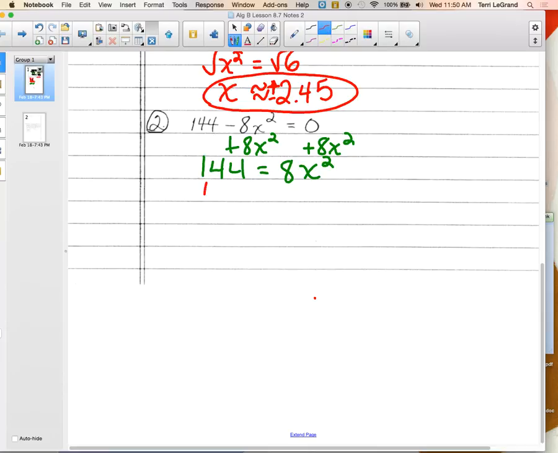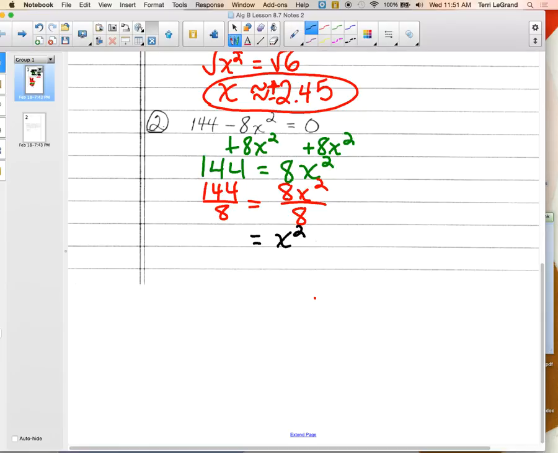So we have to take that 144 and divide it by 8. And we have to take the 8x squared and divide it by 8. And now we're going to have x squared by itself over here. And what is 144 divided by 8? 18.